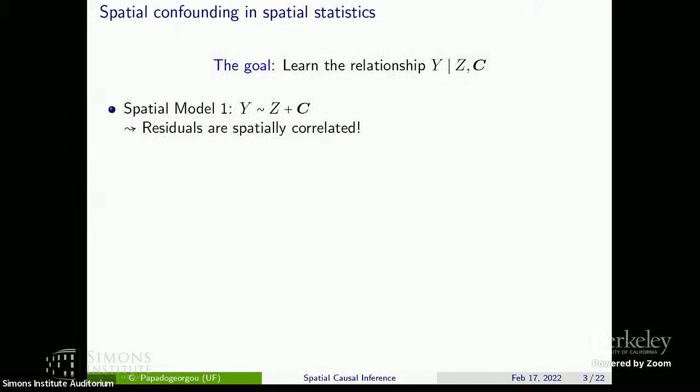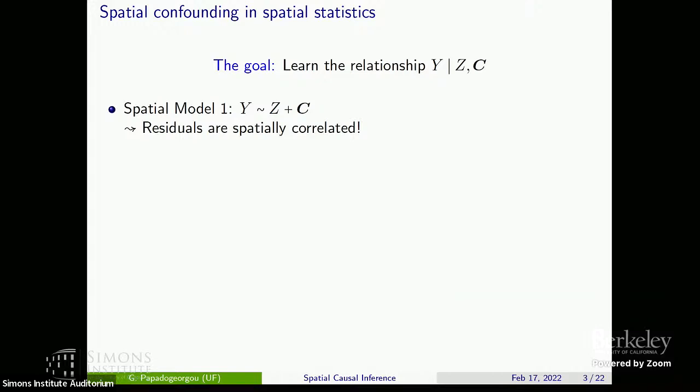Now, in spatial statistics, what spatial statisticians often want to know is the relationship between an exposure and an outcome, conditional on their measured variables. Remember, everything is spatial, so if you have Z, Y, and C and you fit this regression model, a lot of times the residuals you get from this regression will be spatially correlated.